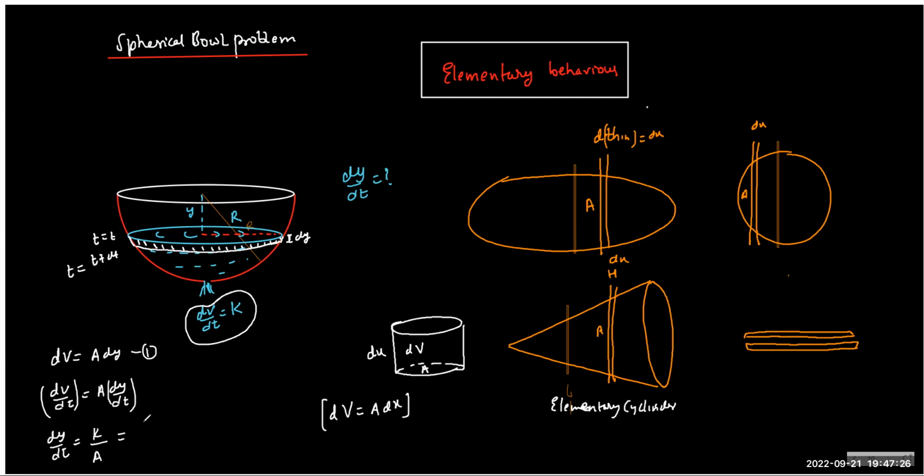So the area will be pi r square, isn't it? But r is not given. Can you calculate the r in terms of y? Using basic Pythagoras, you can get the answer. How? Anyone who has guessed the answer?